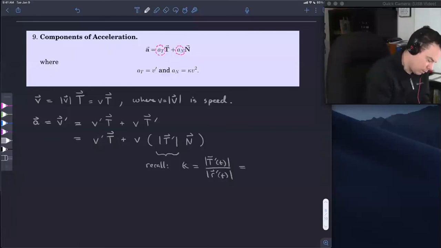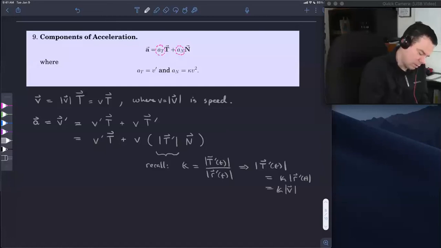That tells us that the magnitude of t prime of t is the curvature times r prime of t. But r prime of t, that's just velocity. But that's a magnitude, so that's just speed.